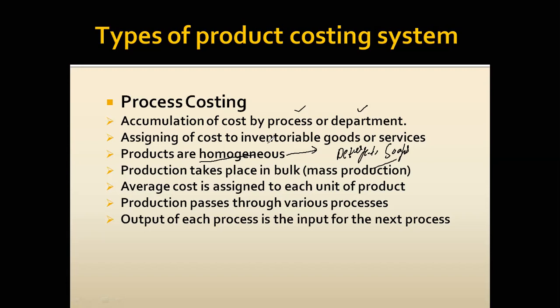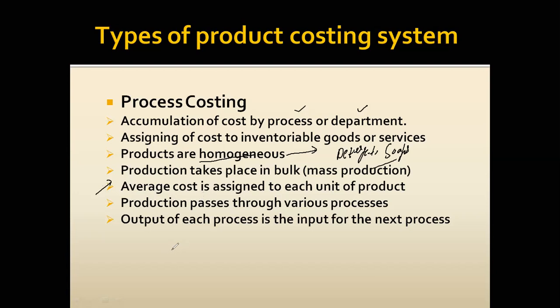Friends, we will learn how to do the process costing, and also I'll guide you how the questions will be asked in the CMA exam. So here mass production is going on, and we assign an average cost to each unit of product, and production passes through various processes or departments.